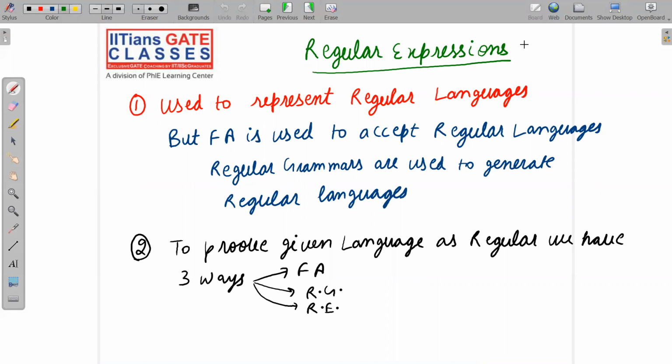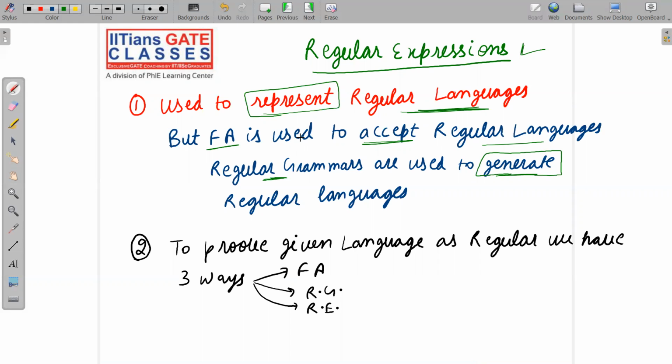First of all, what exactly is a regular expression? I have written that a regular expression is used to represent regular languages. This is nothing but a representation of regular languages only. You already know finite automata is used to accept the regular languages, and regular grammars are used to generate the regular languages. Please mind the wording.